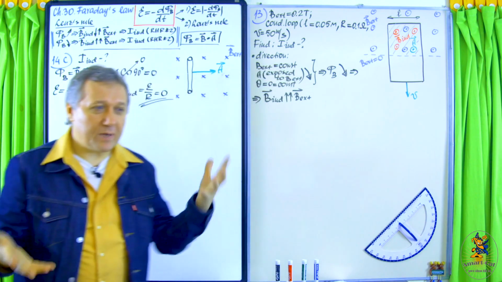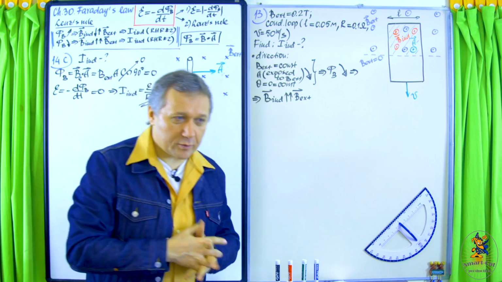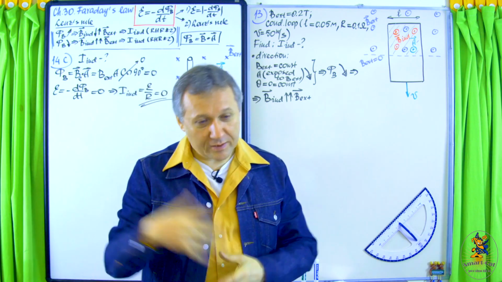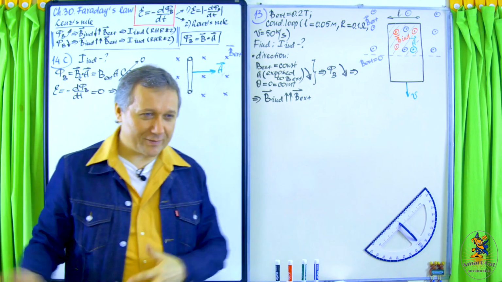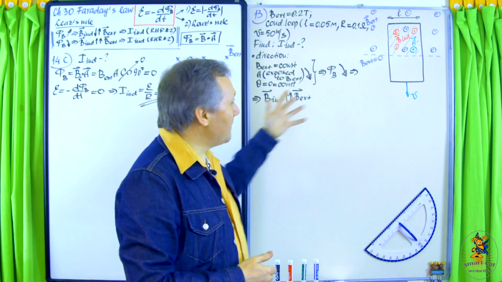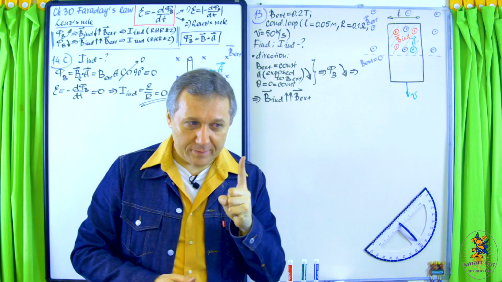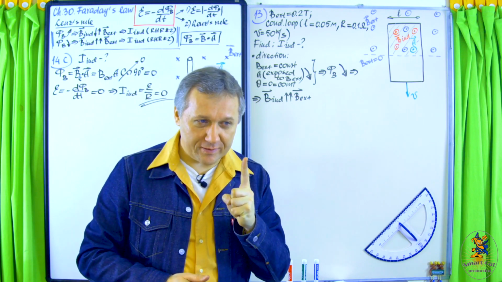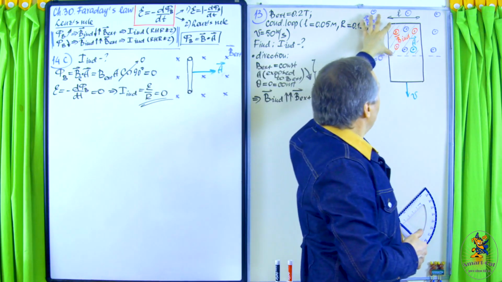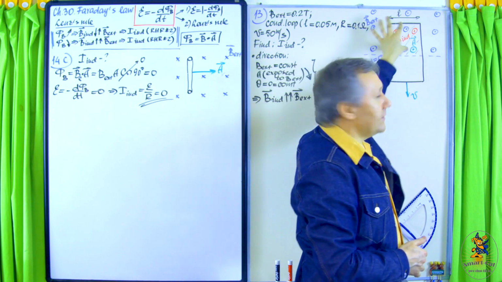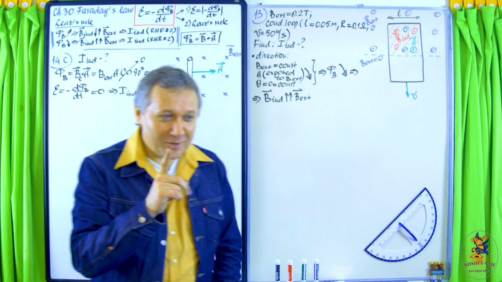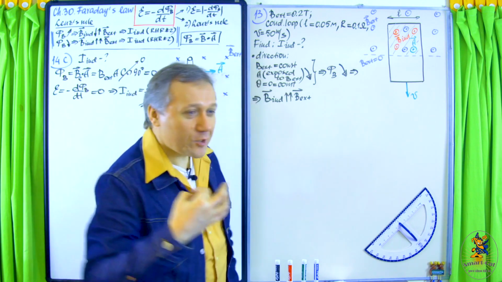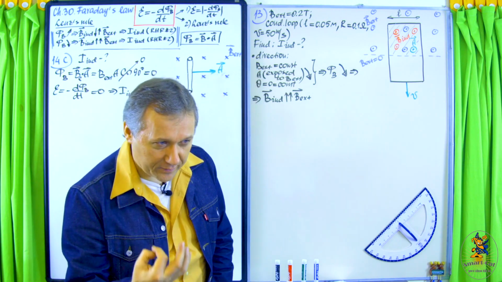Again, during the normal semesters, I usually try to get all these questions out of students, right? But now it's more complicated, so I'm trying to play both parts. Most of the time, students' response is this. They tell me, okay, of course, we need to draw only in this upper part of the loop. But when I ask, so what's the source of this induced magnetic field?